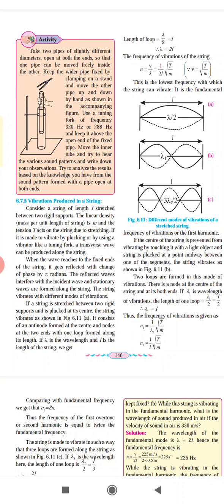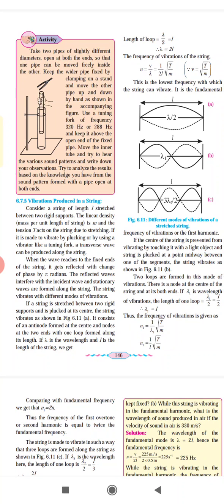Consider a string of length L stretched between two rigid supports. The linear density, that is mass per unit length of the string, is m, and the tension T acts on the string due to stretching.